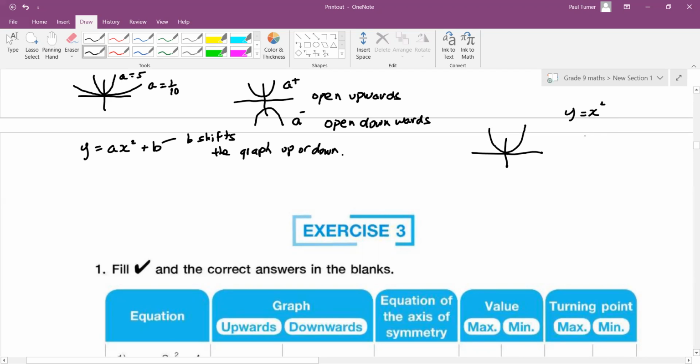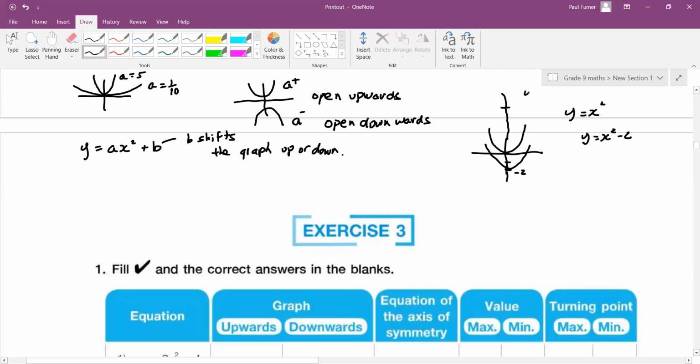If you had x squared minus 2, that will shift down 2 units. So that would go down 1, 2. Now the vertex would be here, like that, down to -2 here. And if it's +2, it will go up, or say +5.